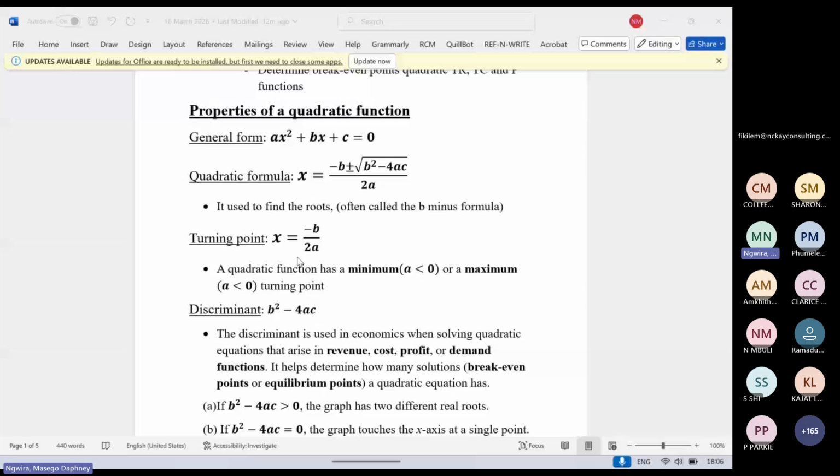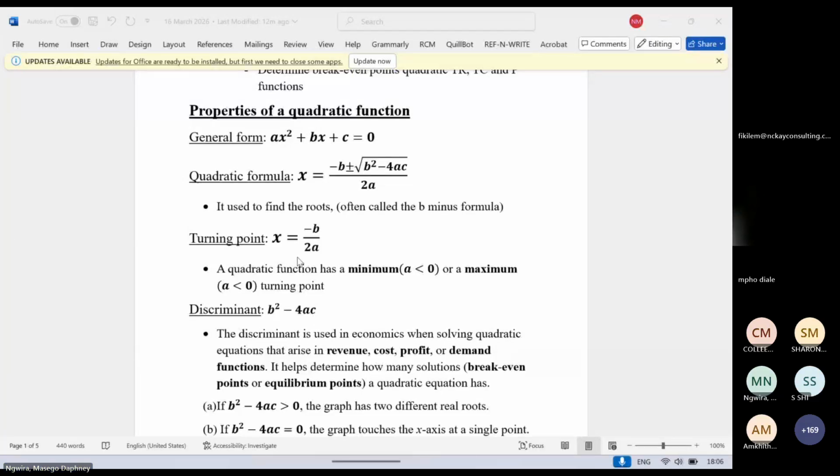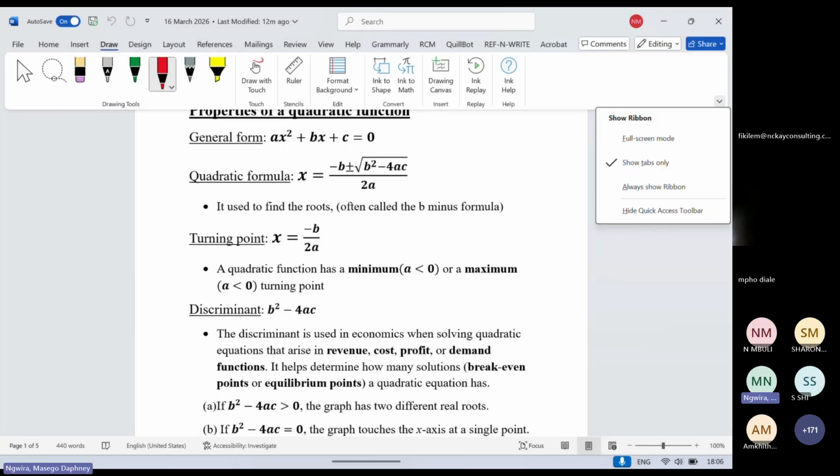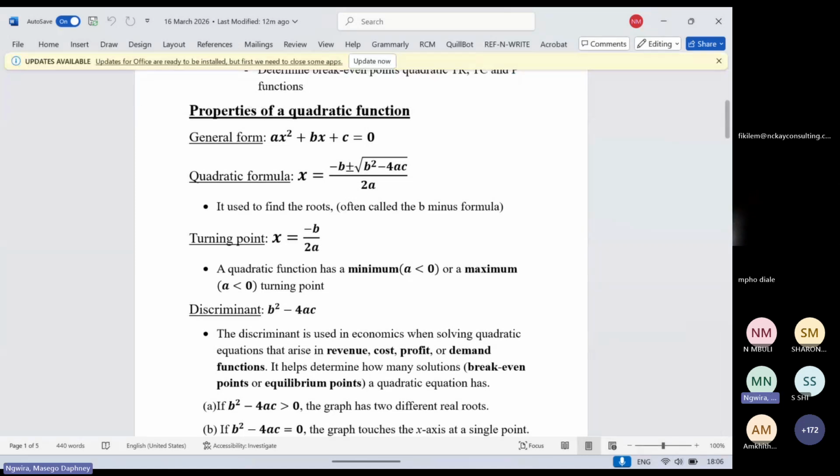So for an example, let me start with the formula first. This is what tells us that the function is a quadratic. The square there means that your function is a quadratic.